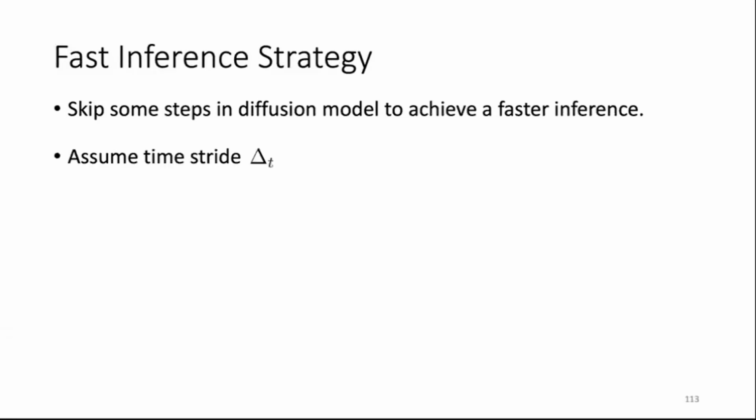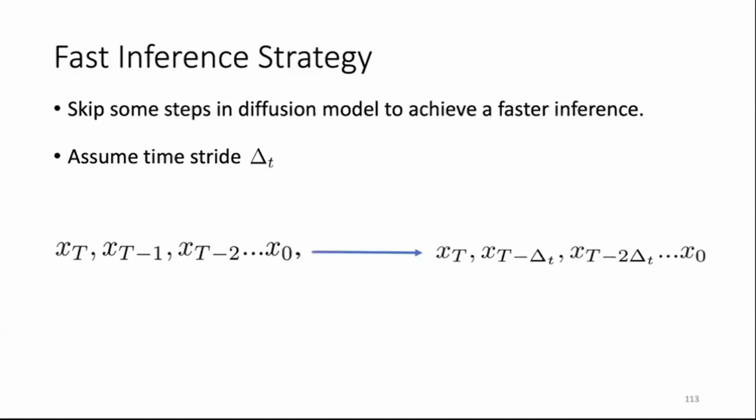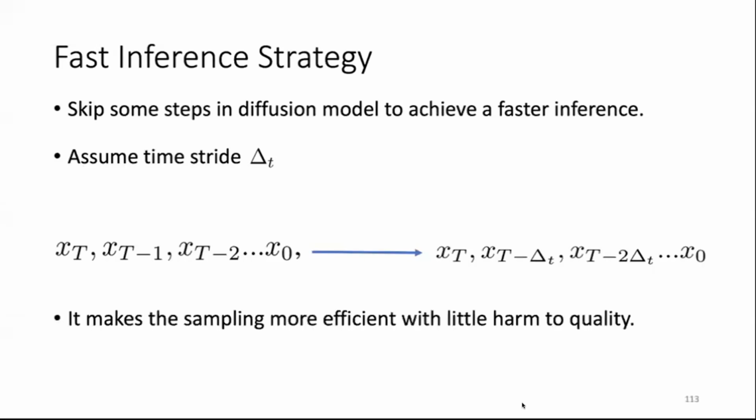Let's assume a stride delta t. So rather than going from t to t-1 and t-2 and so on during inference, the authors argue that they can go directly from t to t minus delta t, and then t minus 2 delta t, and so on. The authors discuss that this makes the sampling during inference really efficient with little harm to the quality.